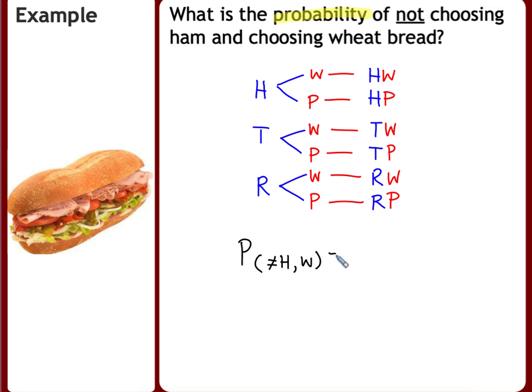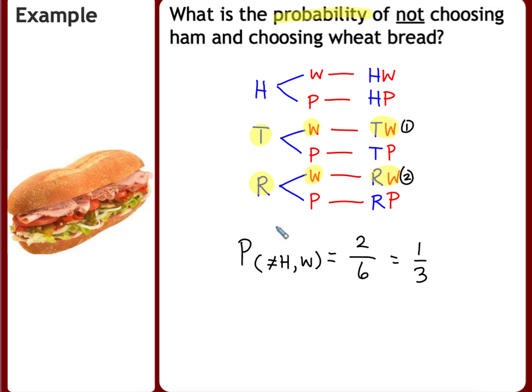What you can do, and you could do this with your table as well, is identify how many of these possible outcomes make this true. Well, we know we don't want ham, so it's either turkey or roast beef, and we only want wheat. So turkey on wheat, roast beef on wheat. That gives us 2 sub-options that make this true. So 2 favorable outcomes out of the 6 possible, which is 1/3. So the probability is 1/3.